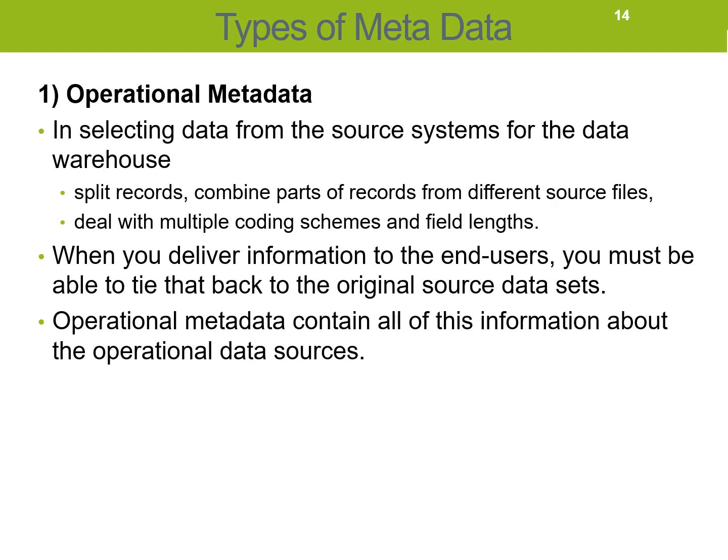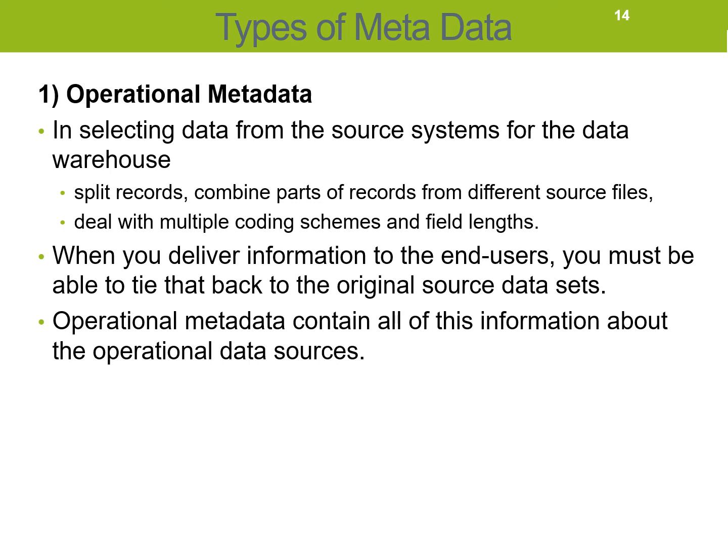In selecting data from the source systems for the data warehouse, there may be a requirement to split the records. You may not feel that all the records are necessary to bring into the data warehouse, so you may need splitting, or you may need to combine parts of records from one operational system with records from another operational system.